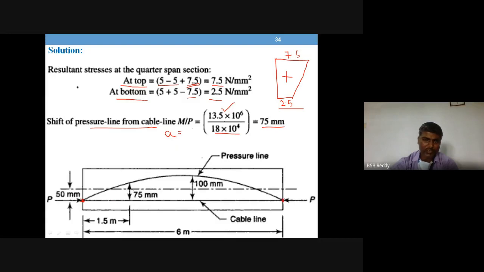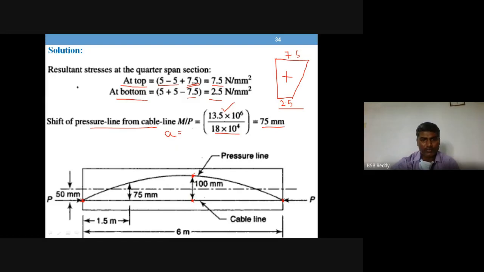Small a is 0 because bending moment is 0 at support. So a is equal to 0. It starts here and is 100 mm at center, from the cable line to the point on the pressure line, it is 100.